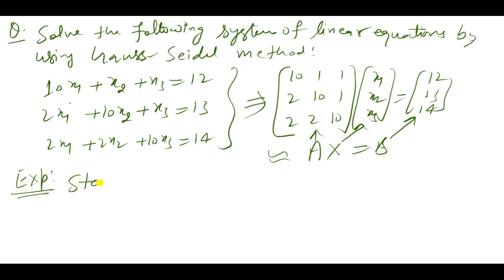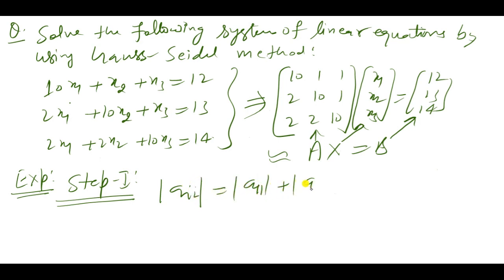So, here the explanation of this problem is: in step 1, check whether the given system of linear equations is strictly diagonally dominant or not. So here compute |a11| + |a22| + |a33|.